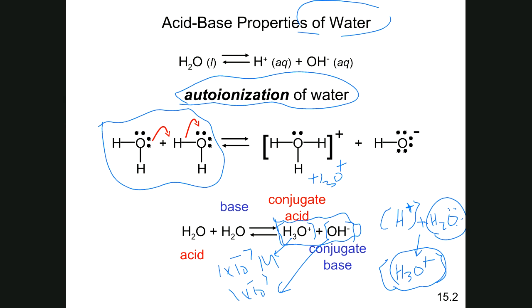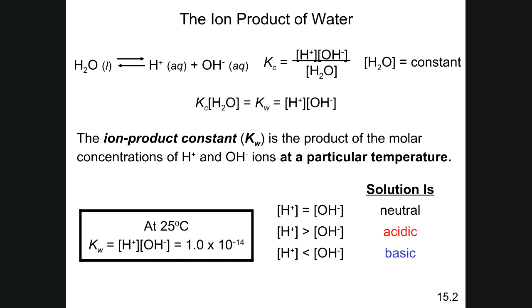Now, if you add acid to water, the concentration of H plus is going to increase. If you add base to water, the concentration of hydroxide ion is going to increase. But at any given time, at 25 degrees Celsius, the concentration of H plus times the concentration of OH minus is going to be 1 times 10 to negative 14.